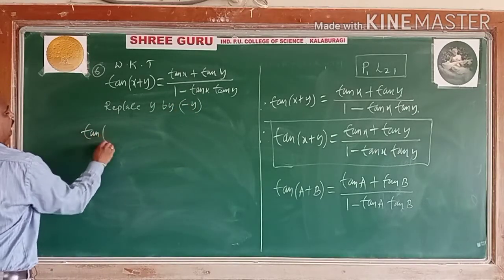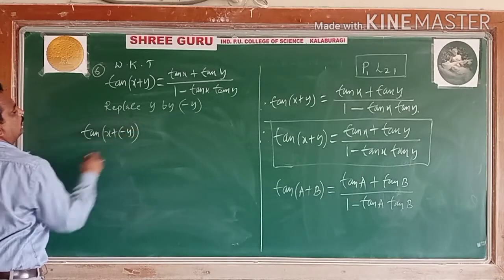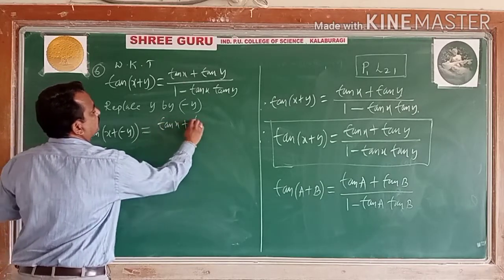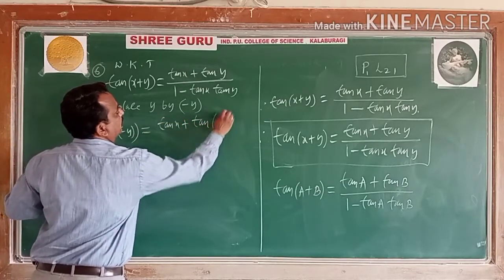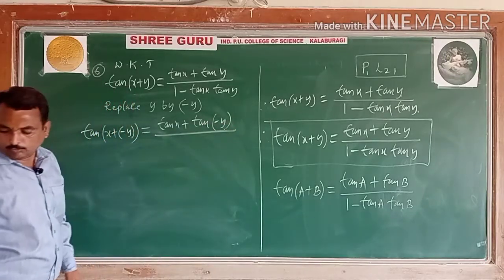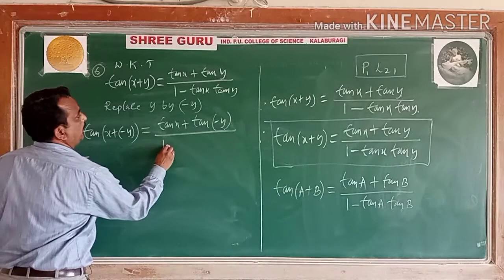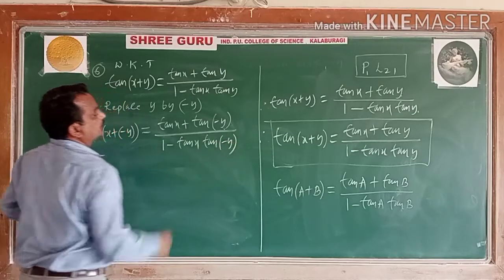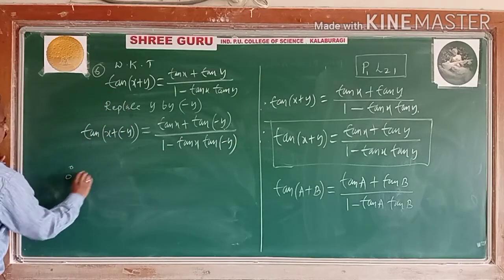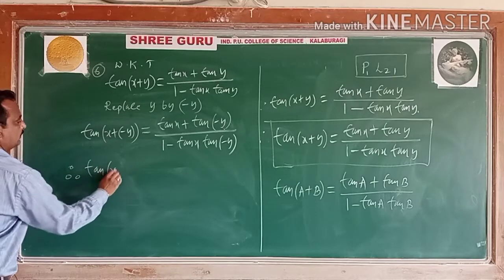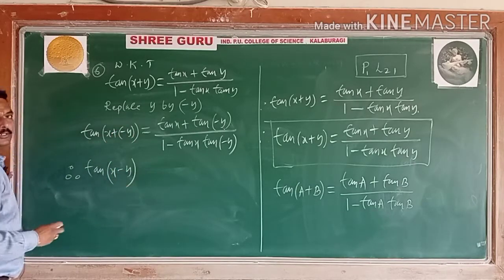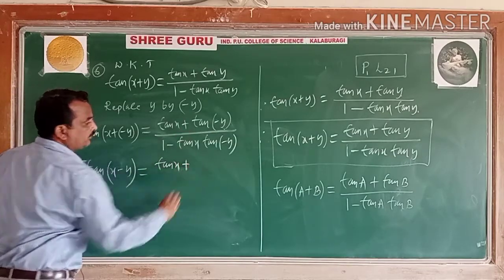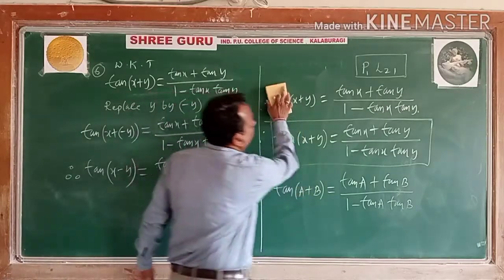Now the formula becomes tan of x minus y is equal to tan of x plus, replacing y by minus y, divided by 1 minus tan x, x as it is, into tan of minus y. So what is tan of minus theta, students?